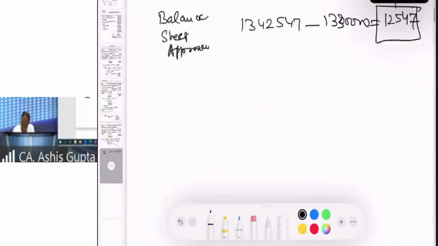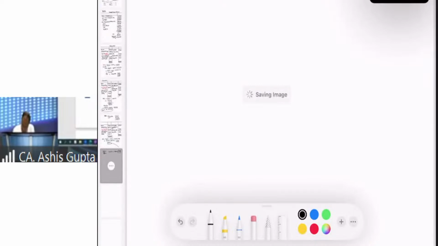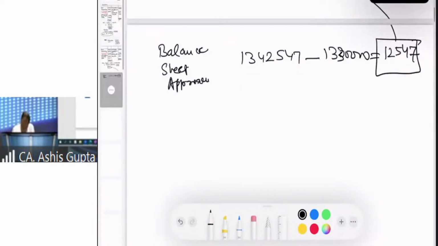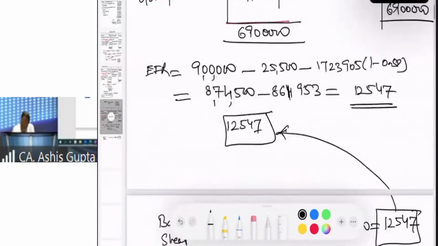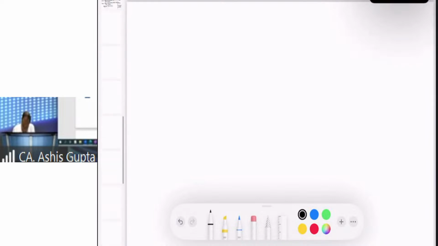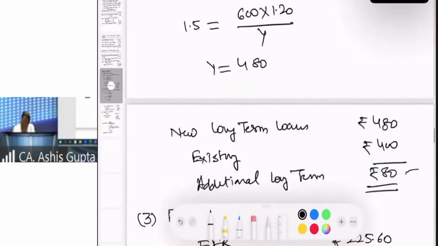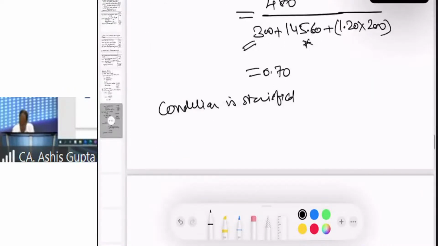Or alternatively, you can also compute. You can also determine what is the profit. Even if you add the same, you will get the correct condition satisfied. It is the only one approach.